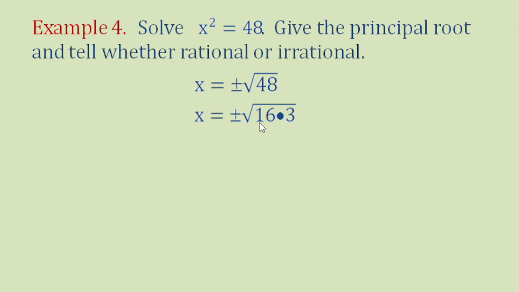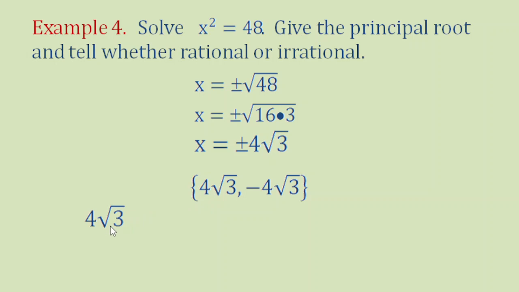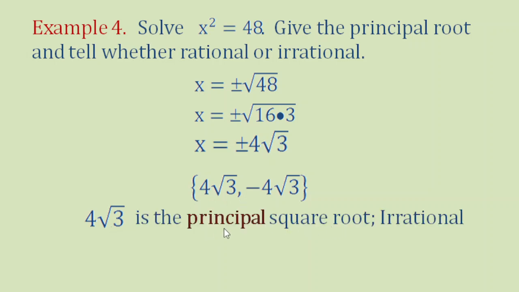And of course the square root of 16 is 4, so we now have x equals the positive and negative 4 square root of 3. The values of x here are 4 square root of 3 and negative 4 square root of 3. And this 4 square root of 3, which is positive, is the principal square root. And of course it is irrational, because we still have a radical here.